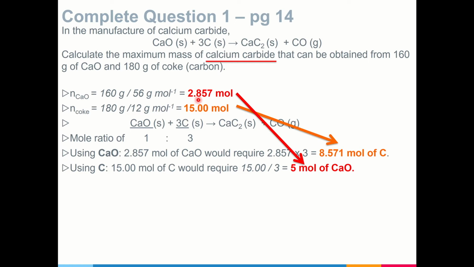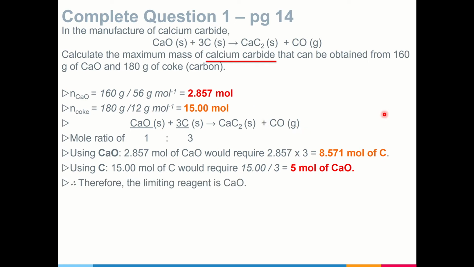So at this point, are you able to identify which one is the limiting and which one is the excess? I can identify that the limiting reagent is calcium oxide. Because if I use 15 moles of carbon, I need 5 moles of calcium oxide, but I'm only given 2.8. So it's not enough. The one that's not enough is the limiting reagent.